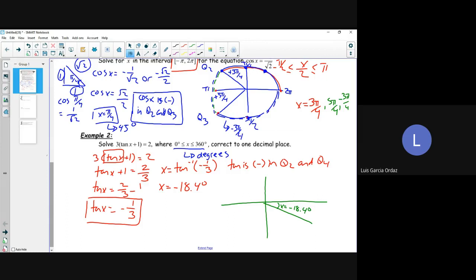But this arm also extends into quadrant 2. However, we can't be going clockwise because our restriction is from 0 to 360.